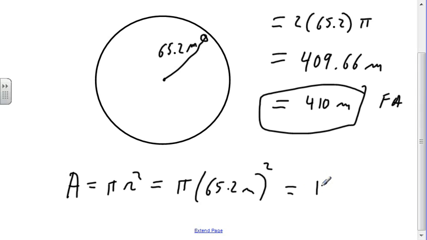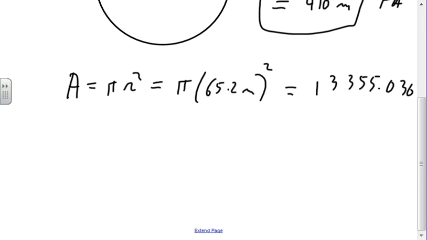And I get 13355.036, and I ran out of room. But I'm only going to keep 3 significant digits, so 1, 3, 4, 0, 0.